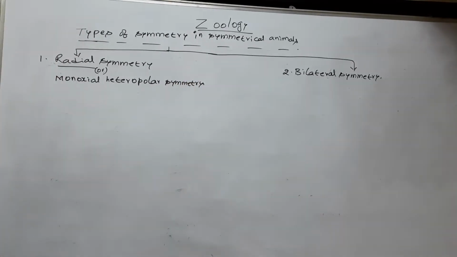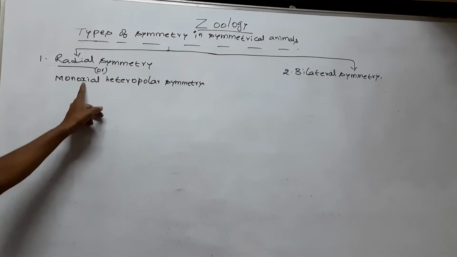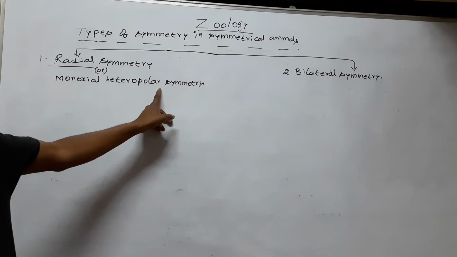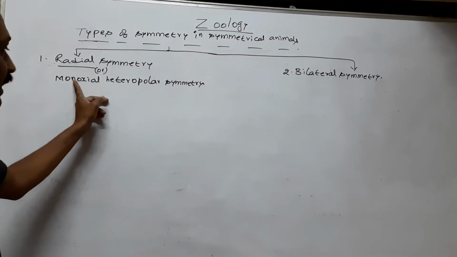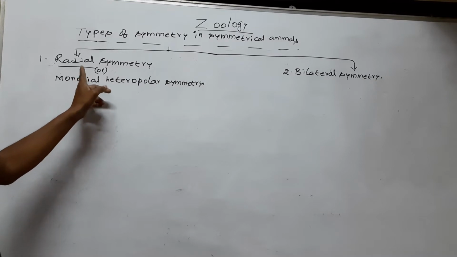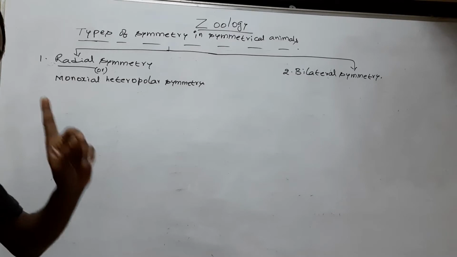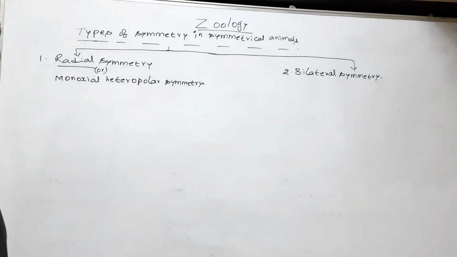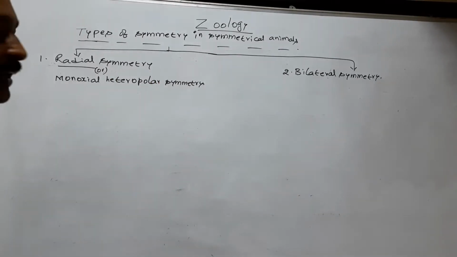Mono means single, so the axis is single. Hetero means different, so the poles are different. So the animals which exhibit radial symmetry possess a single axis and different poles. So it is called monoaxial heteropolar symmetry.